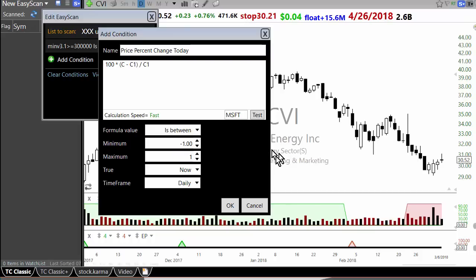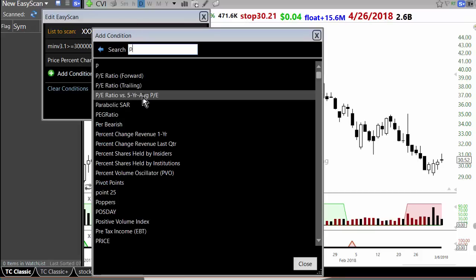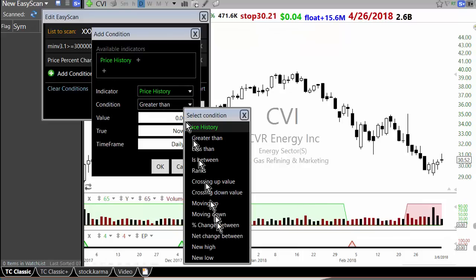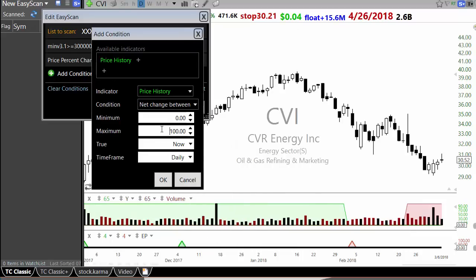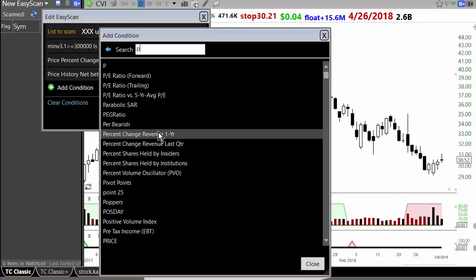Okay, next condition is net change, price net change. So for that, what you do is price. You get price and look for net change between -0.4 and +0.4. Okay, and in this scan we are going to add another condition, which is price.